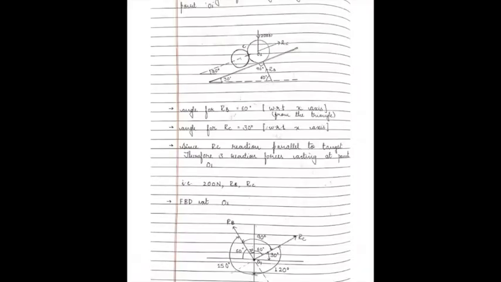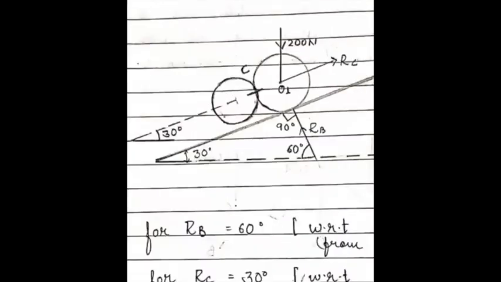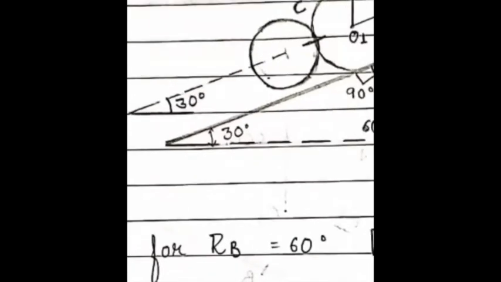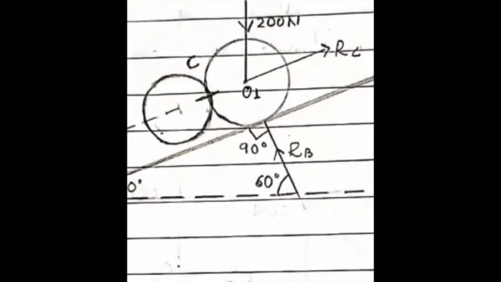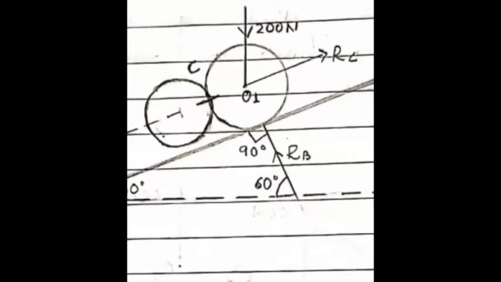Can you see this side, everyone? That is nothing but the RC line and the inclination are parallel to each other. That is nothing but the reaction RC, the angle is 30 with respect to x-axis because this RC line and the inclination are parallel to each other. That is where it is your 30 degree.